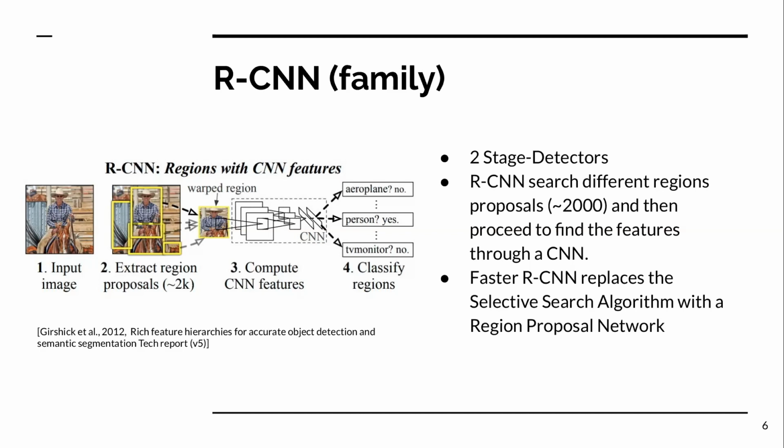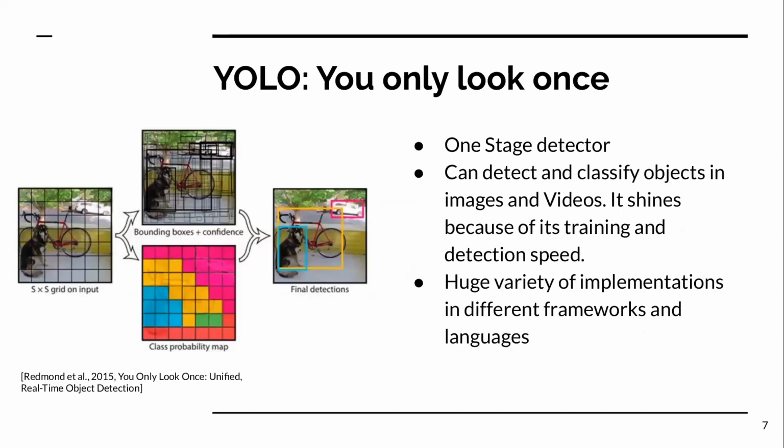And we have a different approach in the case of a one-stage detector, the famous algorithm YOLO, or You Only Look Once. You have the image, like the dog with the bicycle, and once the image is received, you generate a homogeneous grid of mini squares over the whole image.